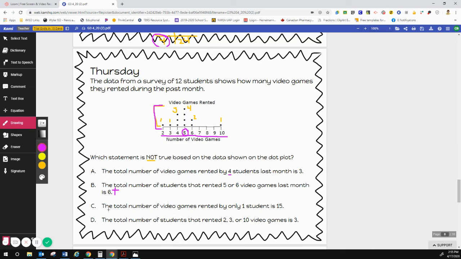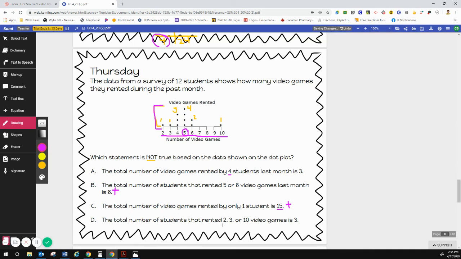The total number of video games rented by only 1 student is 15. So when I look at that, I've got 1 here, 1 here. So 3, 4, 5, plus the 10 here, that would give me 15. So that's true.